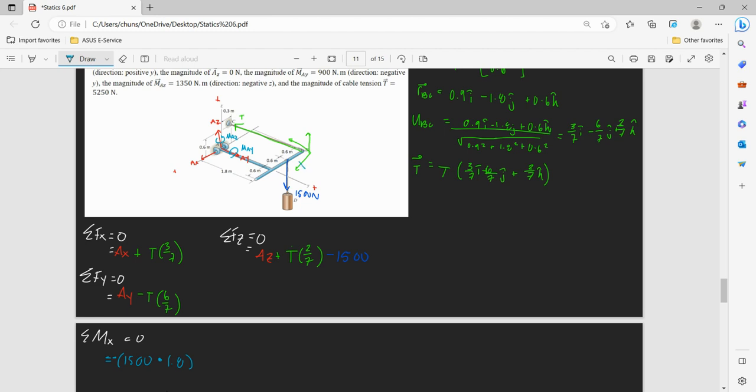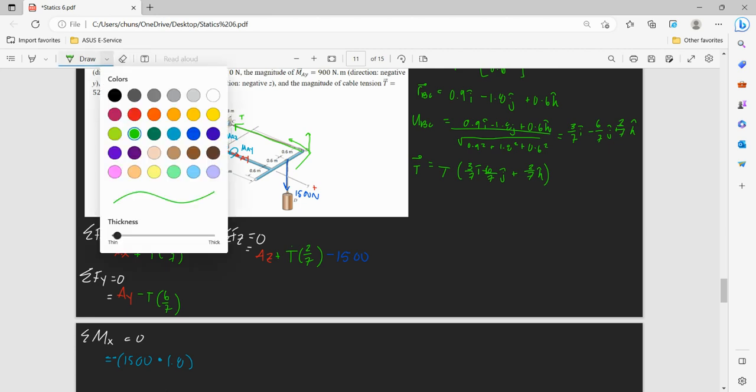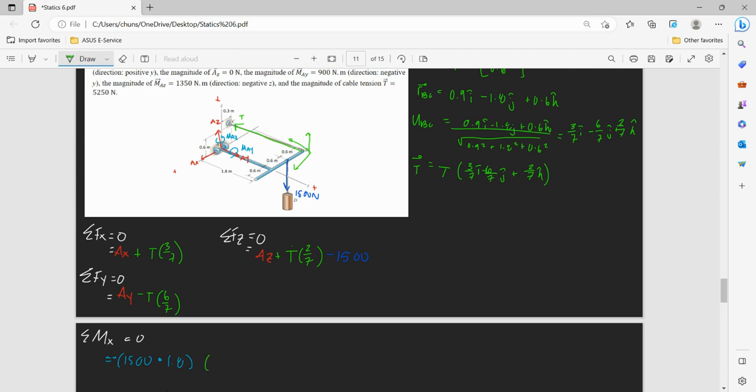We can't use this one because it's parallel to our x-axis, but we can use our other two components and their respective directions. So this is our y component. This is T 6 over 7. And this distance is going to be our z distance.